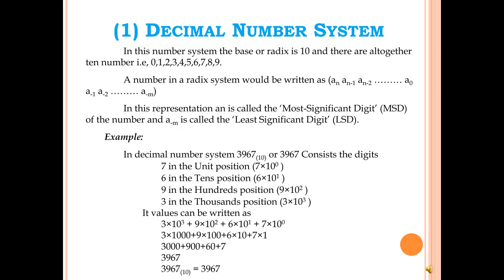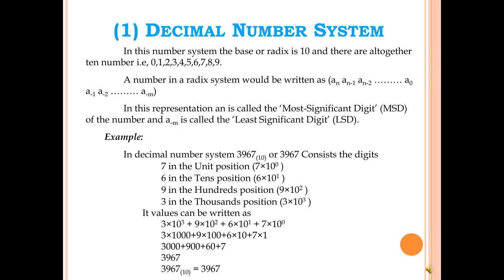Why is 10 to the power 0 coming as 1? Because as per the rule of mathematics, whatever number you have, whose power is 0 gives you the value of 1.